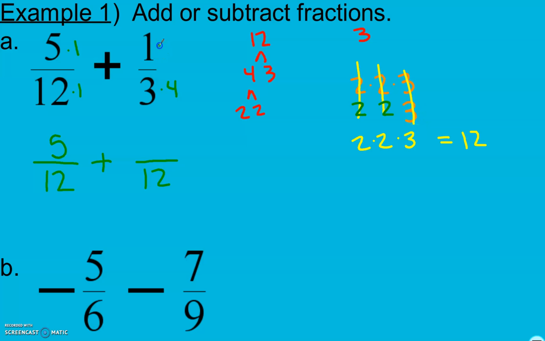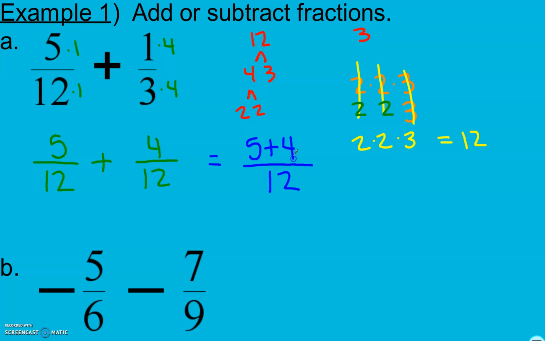If I change my denominator, I have to change my numerator. So again, once we have that common denominator, I make both of my denominators 12, and I figure out how did I get to that. Well, if I started at 3, I have to multiply by 4 to get to 12. If I change my denominator, I have to change my numerator. Now that I have the same denominators, I can keep that denominator and perform the operations on my numerators.